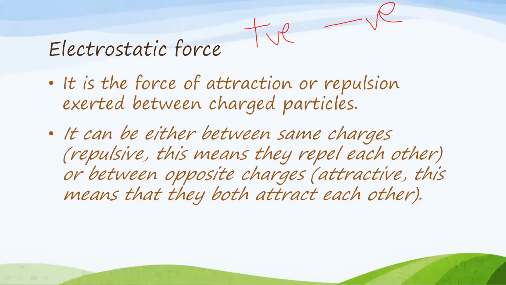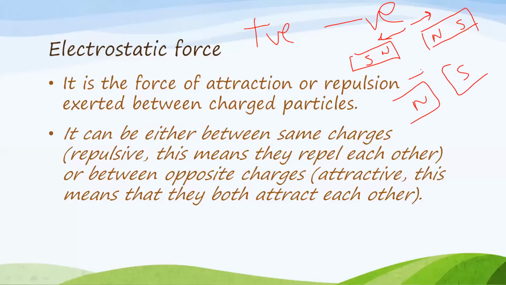If you keep two bar magnets. Bar magnets means what? They will have a north pole and a south pole. If two magnets are kept this way, that is north and north facing each other, the force exerted on each will be repulsive. They'll try to move away from each other. Or on the other hand, if one north pole and another south pole are coming nearby, then the force will be attractive.